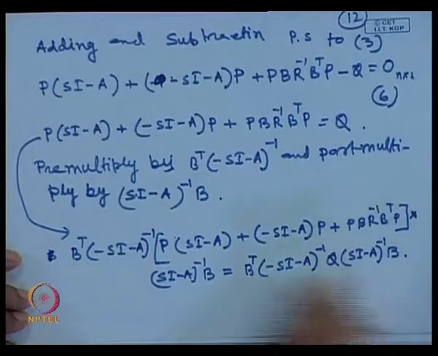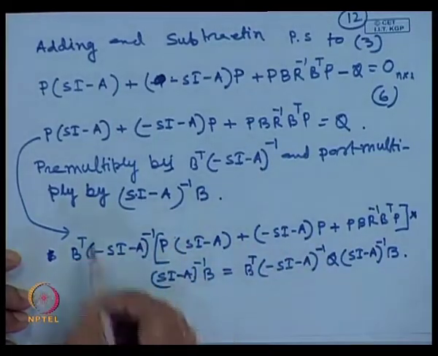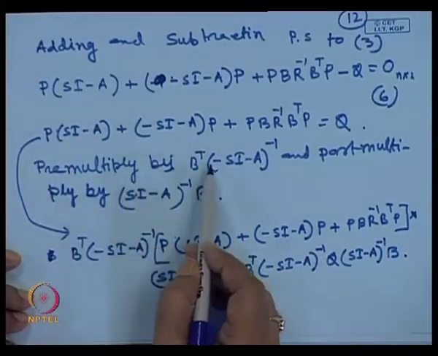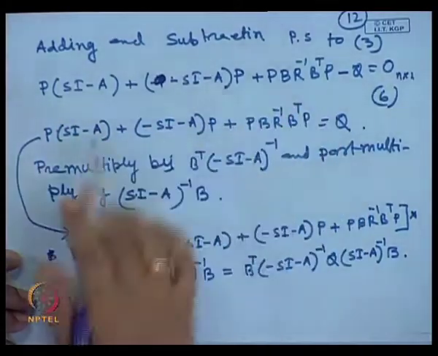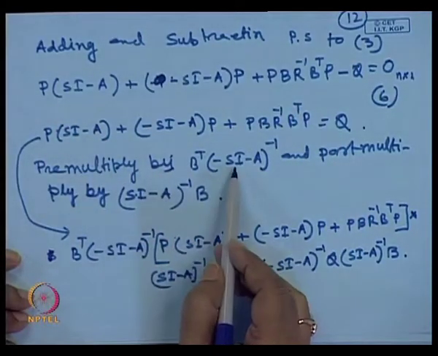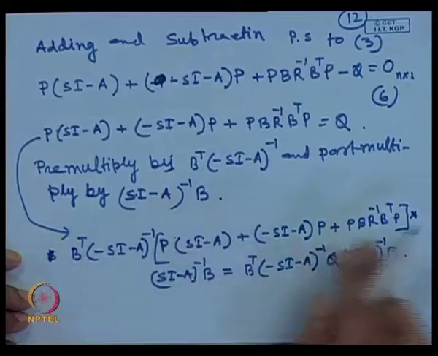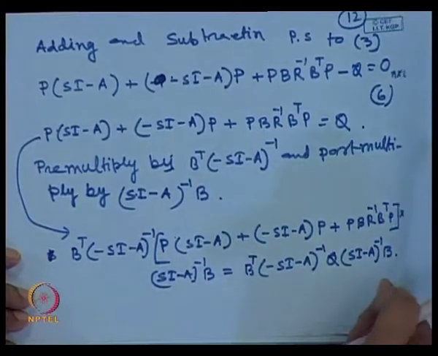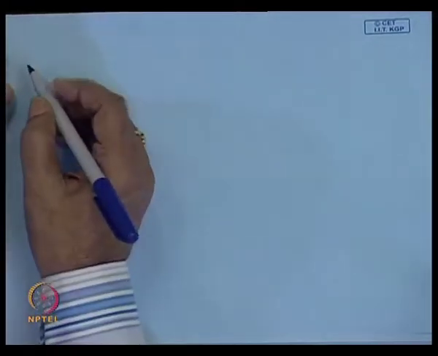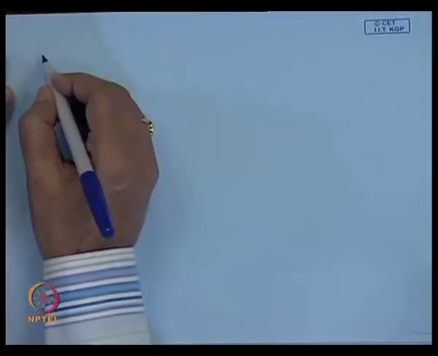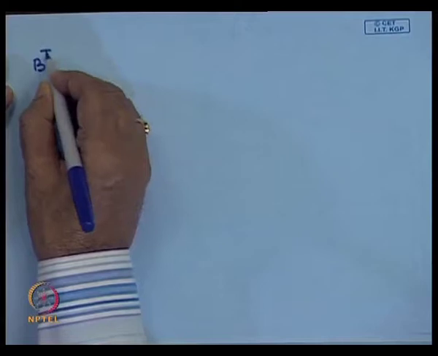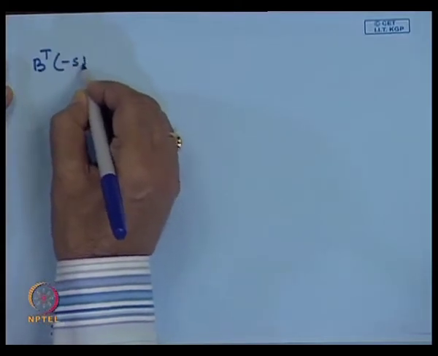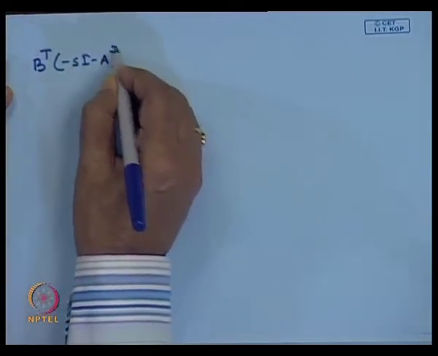Then what we can do? Because this equation I pre-multiplied the left hand side and right hand side by this one and post-multiplied by this one, that is what I have written here. Then after simplification of this one, we will get B transpose (sI minus A) whole inverse.